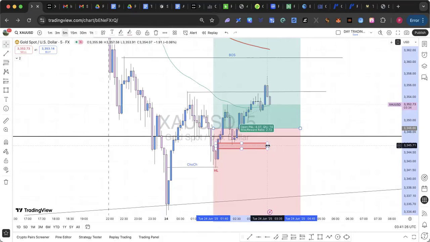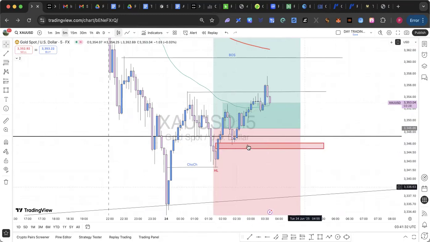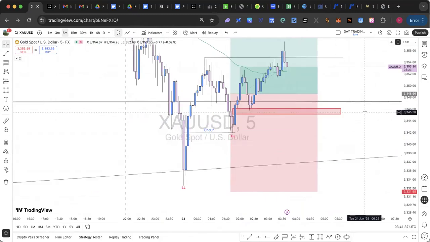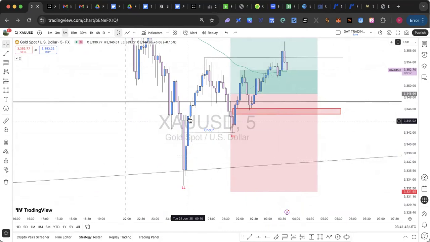So that means chances are there that this market is still going to come down to this point, to come and tap into this fair value gap, or what we refer to as an imbalance. Then we have an imbalance that was already mitigated here, to this point, and this was actually mitigated, if you can look at it here.